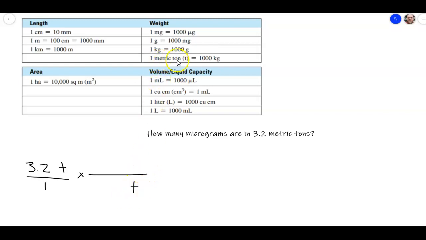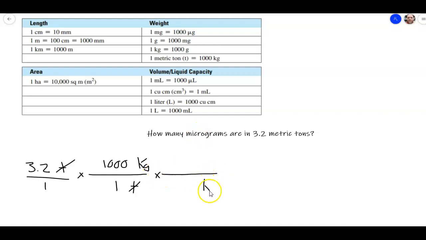So up here I see 1 metric ton is equal to 1,000 kilograms. So those are going to cancel out, but I still have kilograms and I need to get to micrograms, so I need to keep going here.